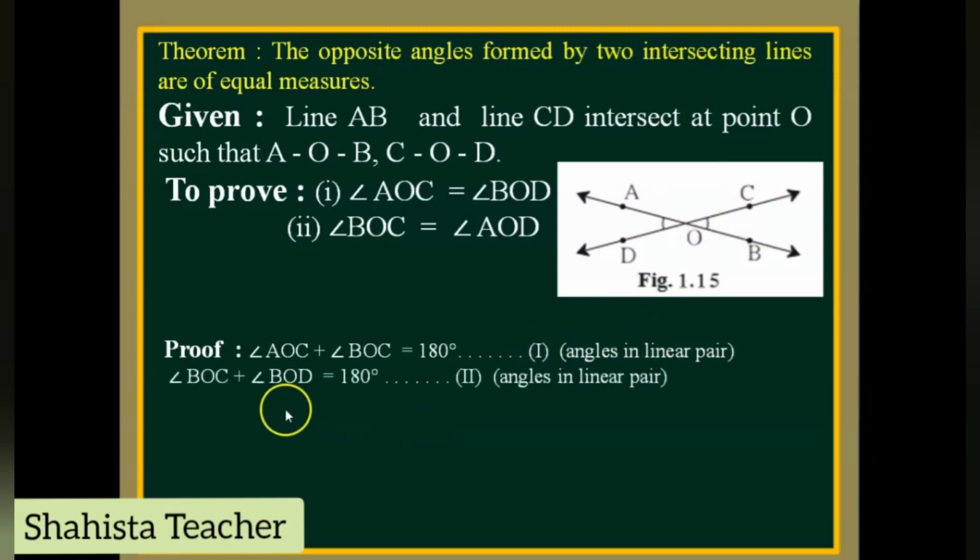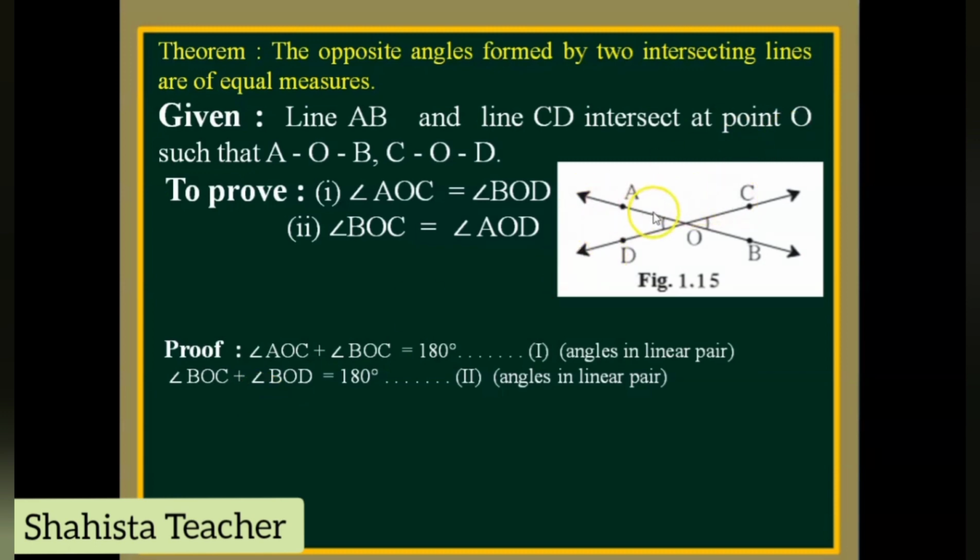After this we will write BOC plus BOD is equal to 180 degrees, a linear pair of angles. So there are two linear pairs: AOC plus BOC is 180 degrees, and BOC plus BOD is 180 degrees.